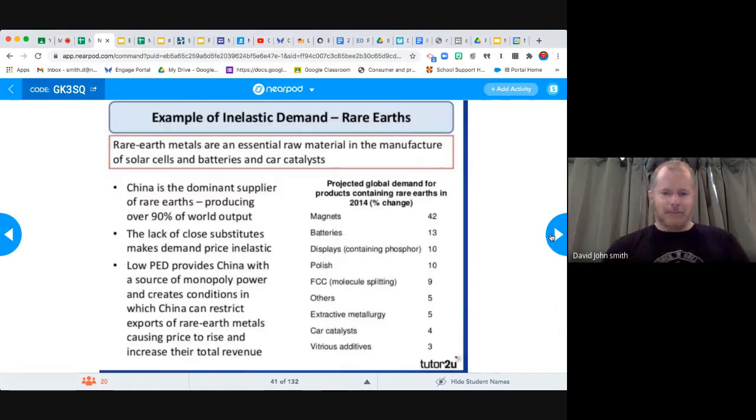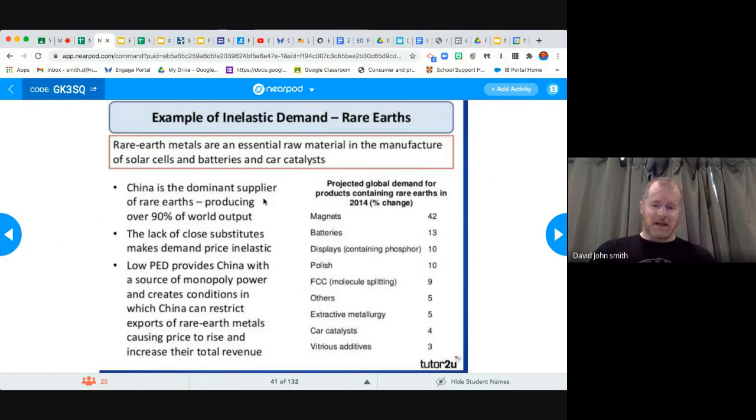And here's another one. This is an inelastic demand case study for what's called rare earth minerals. If you're not sure what they are, they're in pretty much everything that is technology based. At last count, there were basically only two countries in the entire world that produced them, with China being one of them.